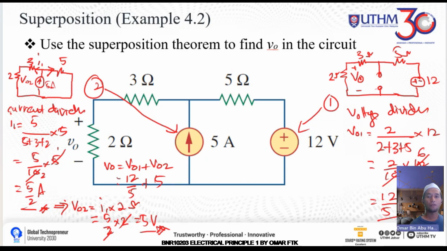So how much is the voltage for all? 12 over 5 is 12 divided by 5. I forgot to bring the calculator here.